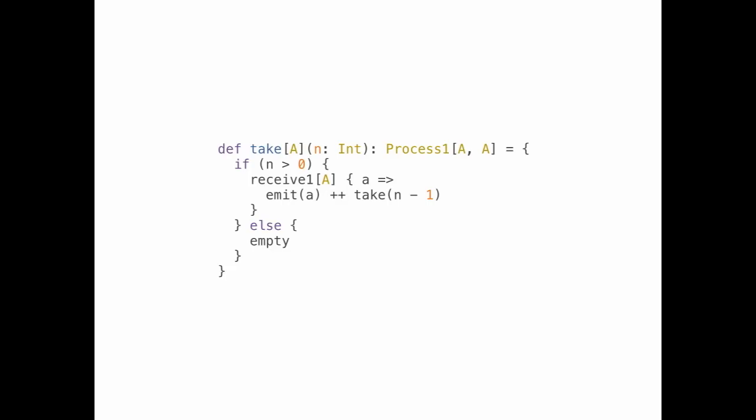So here's kind of how the surface API works. This is the implementation of take, and this is actually what it looks like in the library. We have a take of A that's going to give us a Process1 from A to A. That's a Process1, a transducer that transforms a process that emits A and gives us a process that emits A. That's the output of the transduction. And we have a parameter n.